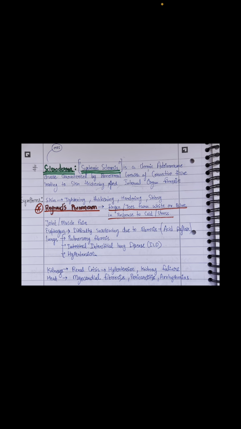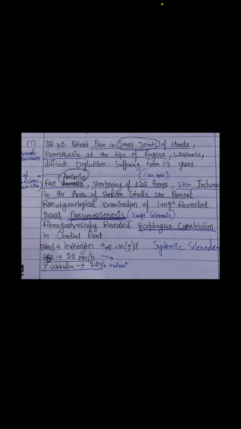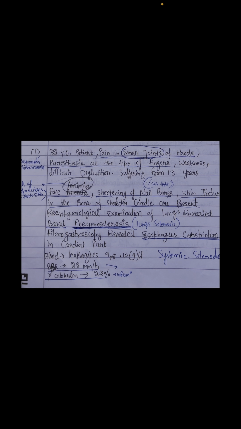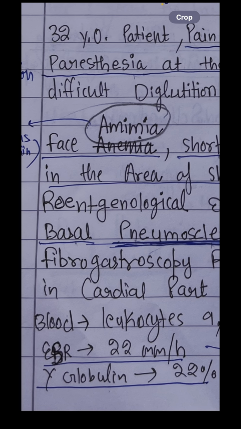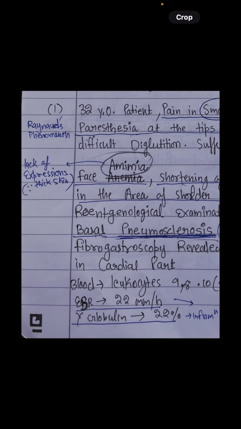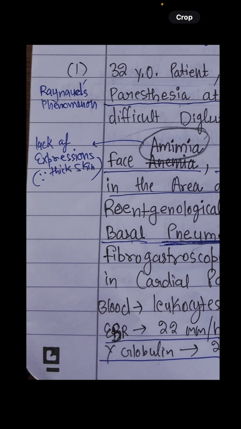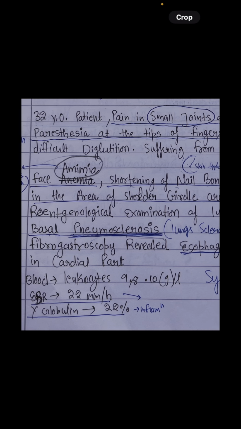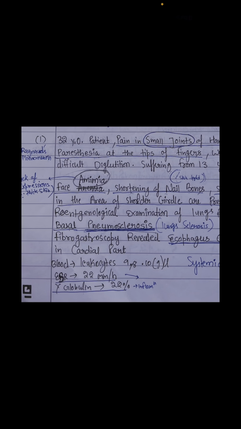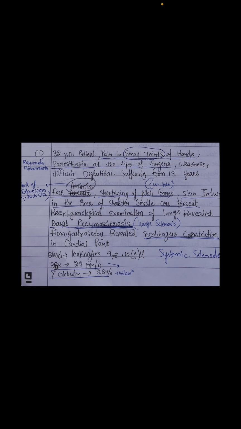So let's move next to the questions. A 32-year-old patient having pain in the small joints of the hand and difficult deglutition, suffering for 13 years. The amimia, this is what we needed. Amimia is a lack of expression because of this thick skin. Then paresthesia at the tips of the fingers.